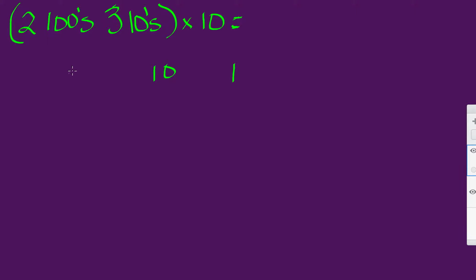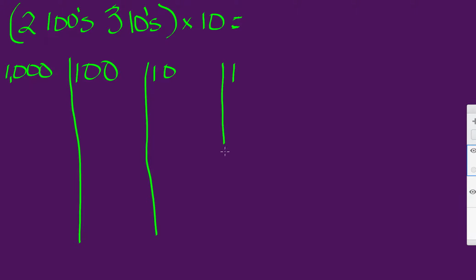So you've got ones, tens, hundreds, and we'll do thousands. Okay, so this is just a quick place value chart. It's quite ugly. So you're starting with 2 hundreds and 3 tens. And we're timesing, which means they're moving to the next biggest column. So the hundreds are now going to move over to the thousands. So this one times 10 is here. This one times 10 is here.